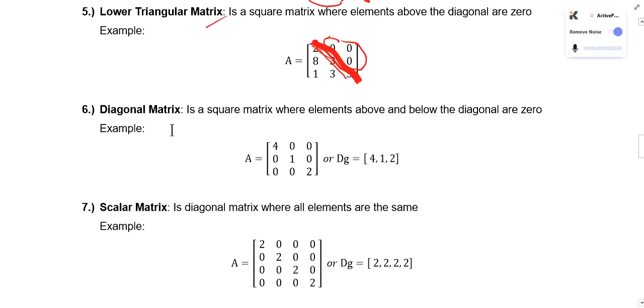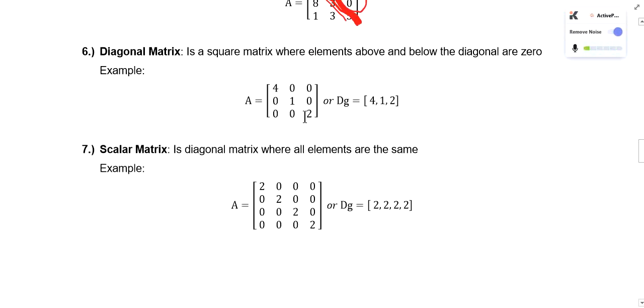We also have what we call the diagonal matrix. When we say diagonal matrix, it is a matrix where elements above and below the diagonal are 0. So all the elements above and below our diagonal are equal to 0. Or the representation of the diagonal can be written as DG equal to 4, 1, and 2.